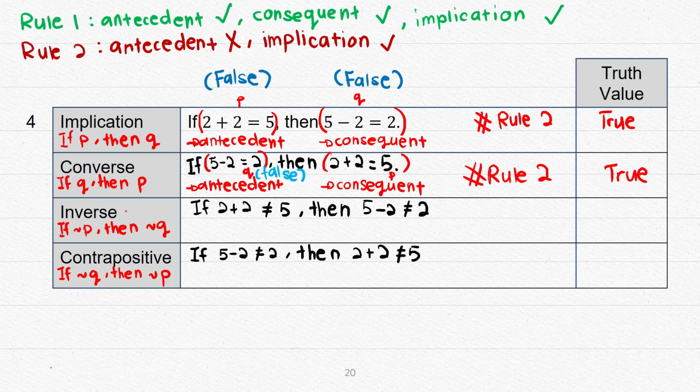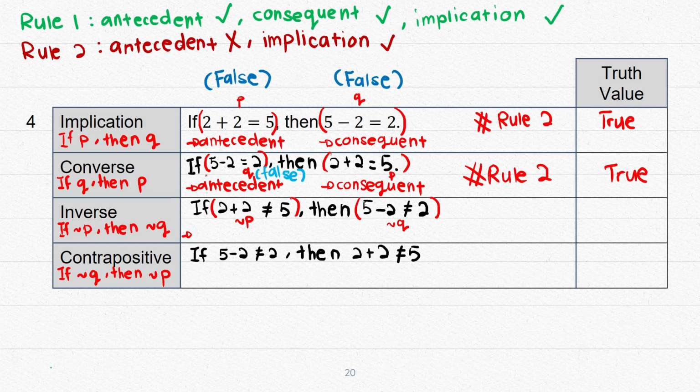And then the inverse. Tilde p is this one: 2 plus 2 not equal to 5. Then 5 minus 2 not equal to 2 is tilde q. Is it correct? Both become true.